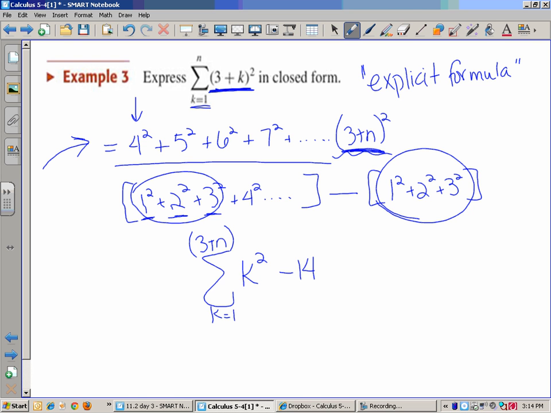If we did this all the way till we got down to 3 plus n quantity squared, then I could keep doing that, and then this should be here. I should have a plus, and I should make sure you see this: 3 plus n quantity squared, right there. And so now I want to pull out everything, and then just be left with this.